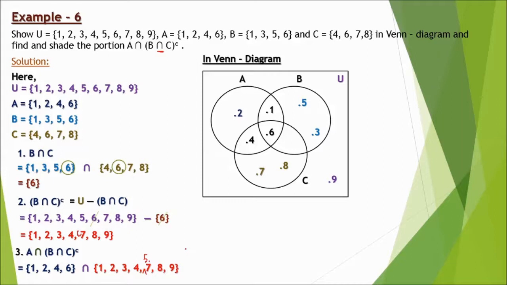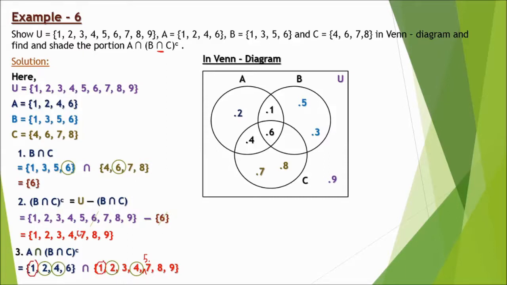So what is the intersection between them? See, 2 is common, and 4 is also common. 1 is also common, isn't it? If it is missed, we can do it ourselves. And 6 is not common.